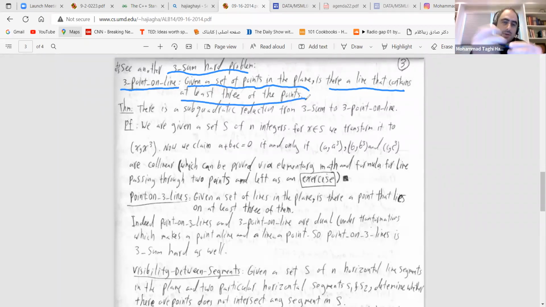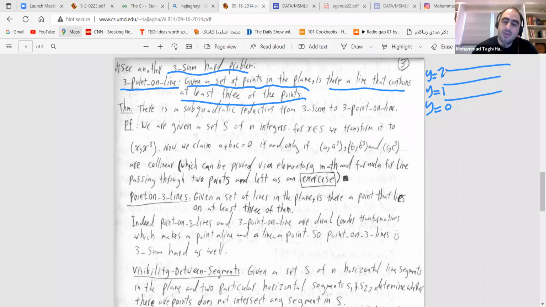This problem is somehow similar to the GeomBase problem. However, there in GeomBase, we had these 3 lines, y equal to 0, y equal to 1, and y equal to 2. And in that case, we wanted to find one non-horizontal line that goes through them. Here we are saying something different.